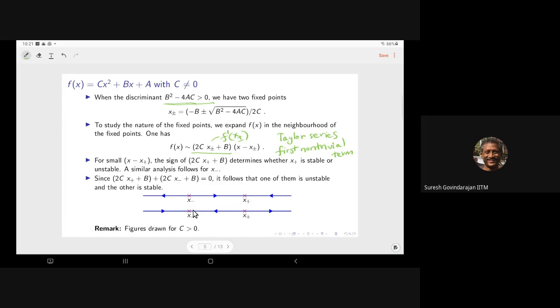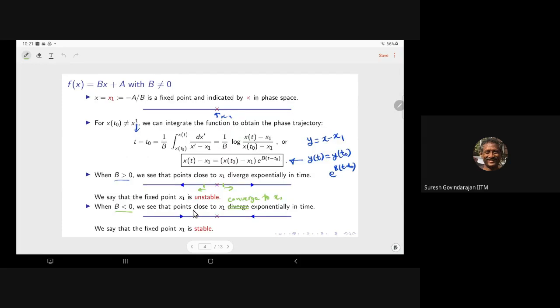So now, if you look arbitrarily close to x plus, or let's fix on x plus, say. If you look at points x which are arbitrarily close to x plus, then it looks exactly like the previous case. And what did we see there? We look at the coefficient of x, which is b in that case.